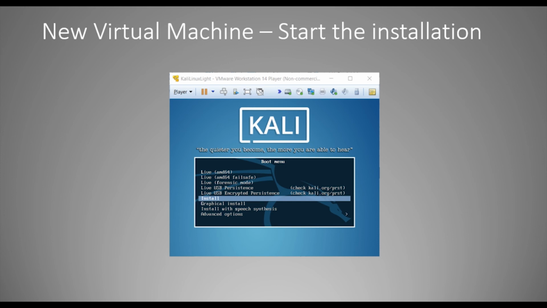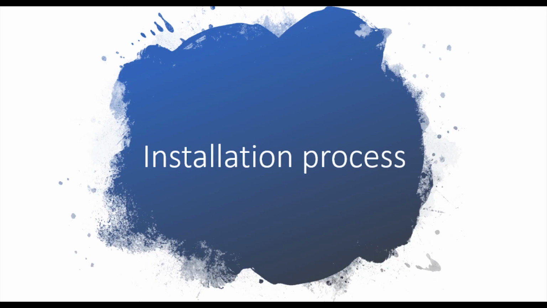For all future installation configurations, I will be using the text version, or console version, which means in this case Install. Once that's all done, the actual installation process will kick off, and that I will present in a secondary video.